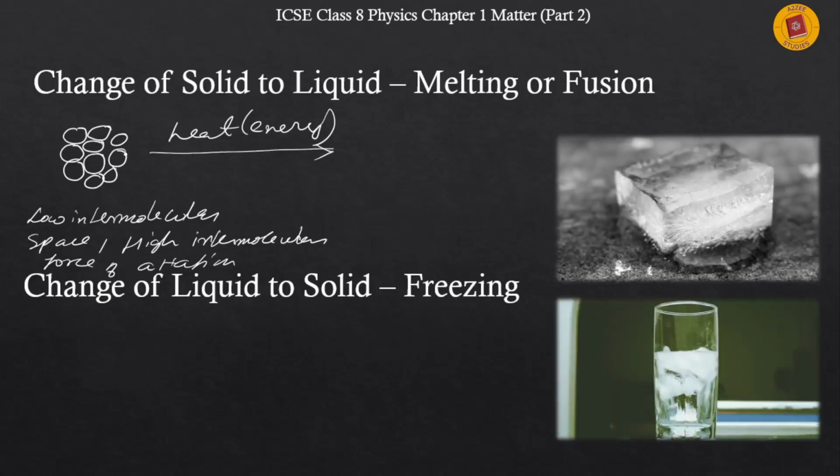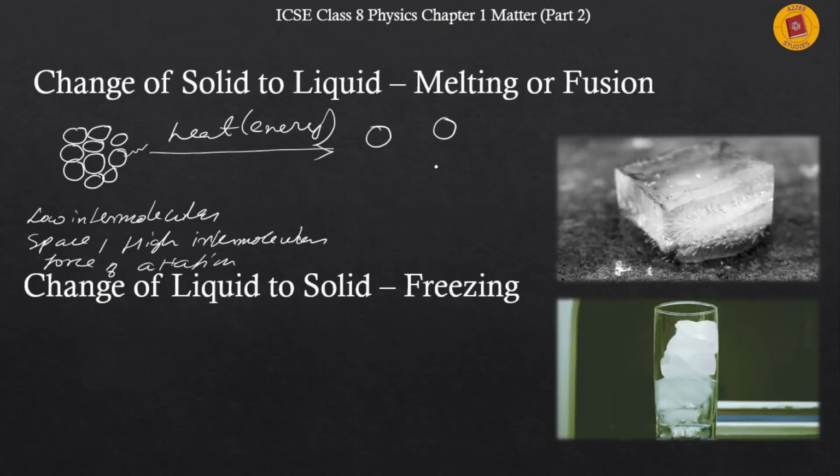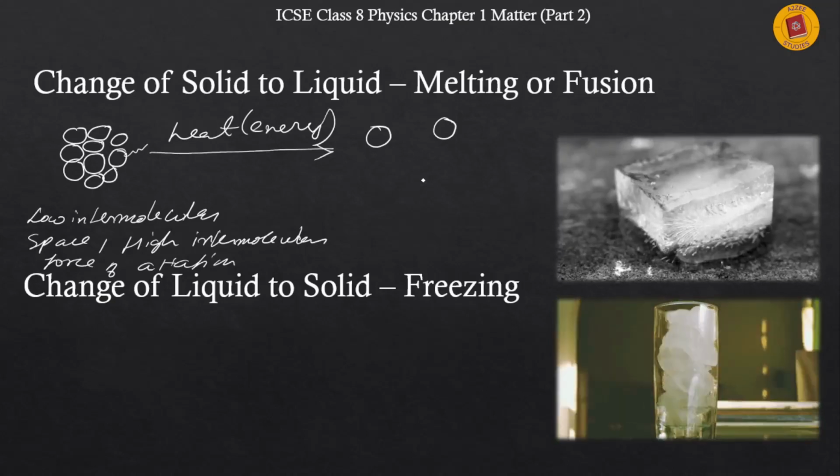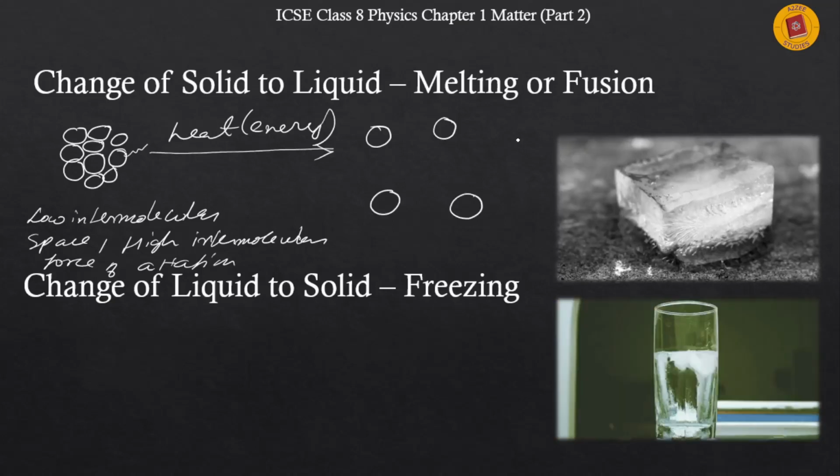They start moving more briskly, and a time comes when the kinetic energy is so much that they break away the intermolecular force of attraction and become a fluid. They become mobile and they change to liquid.